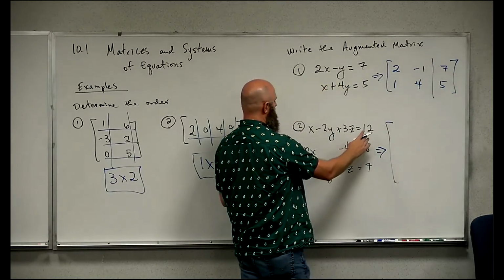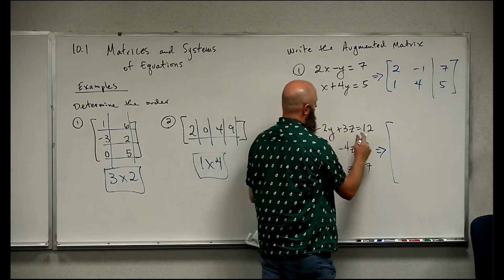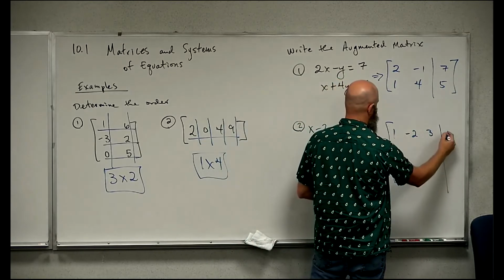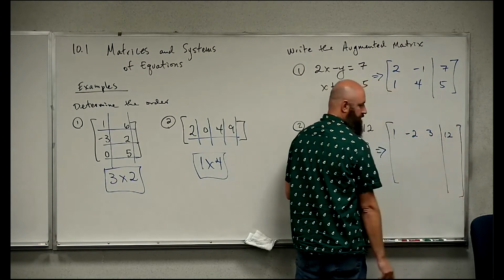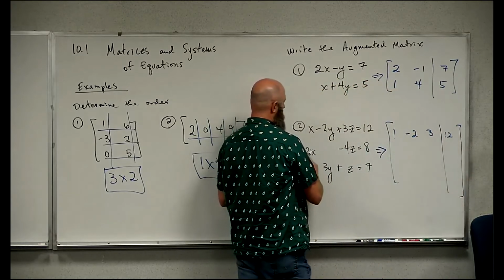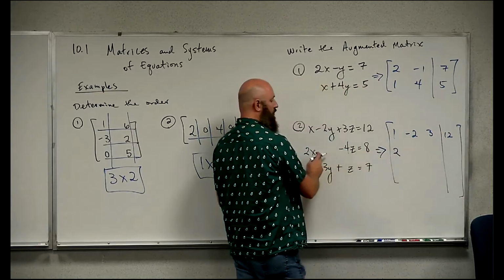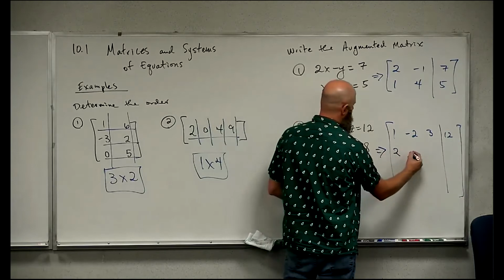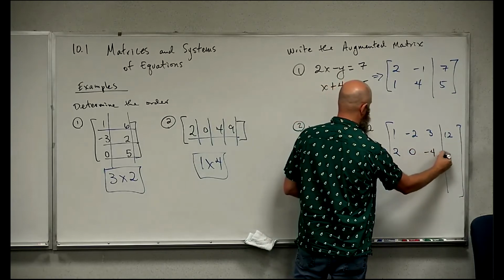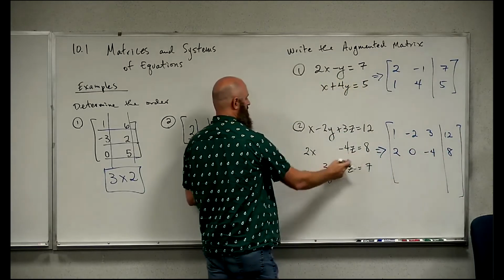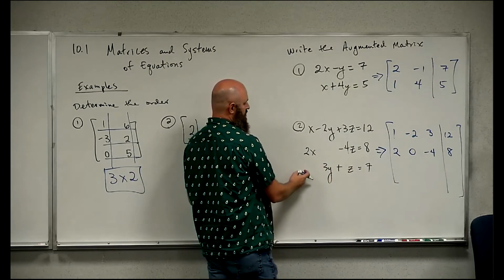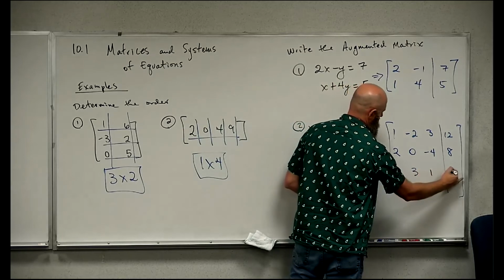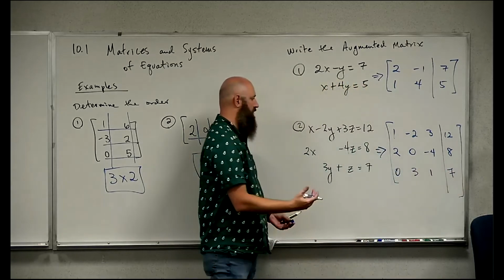But we still do the same things. 1, -2, 3, and then 12. 2. But notice there's not a y there, so that's a 0. We still have to have something in its place. And then -4 and 8. And then here there's no x, so 0, 3, 1, and 7. And that's the augmented matrix.